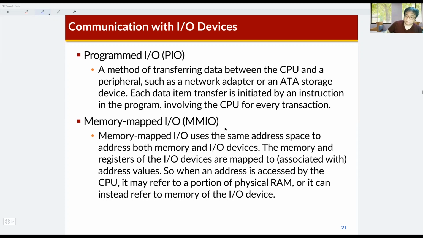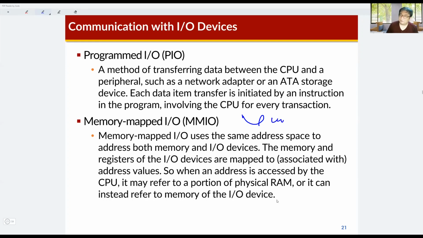So if the data transfers are handled through this memory mapped I/O, then the CPU can use the normal data transfer instructions like load and store. What is the benefit of the load and store instructions?